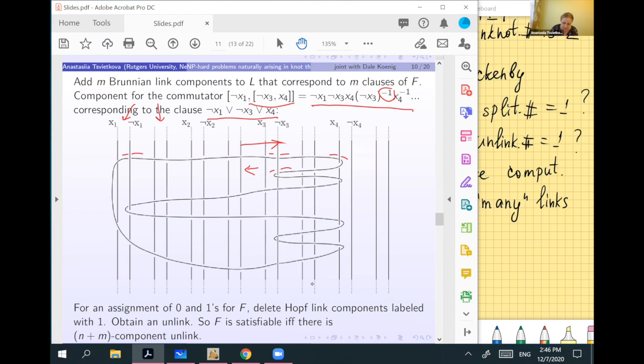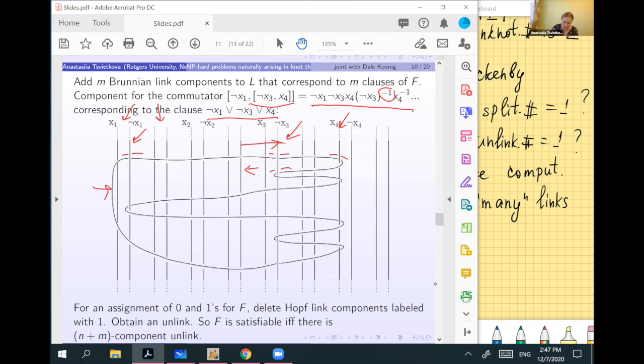So whenever you have, say, not x1, not x3, x4, and this component, you just remove one of these four things and you get just disjoint circles. So if I remove this, or this, or this component, or this thing itself, I get disjoint links.